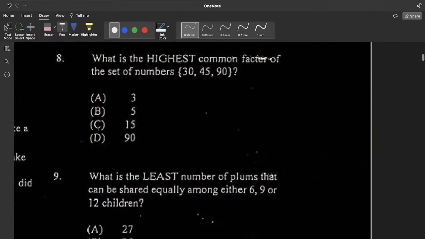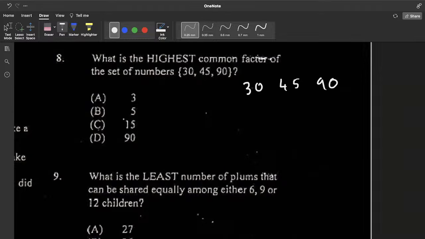So this one asks, what is the highest common factor of the set of numbers? So we have 30, 45, 90. We want to think of a number that can go into all 3 of these without a remainder, and it has to be the highest number. So the one for this would be 15.